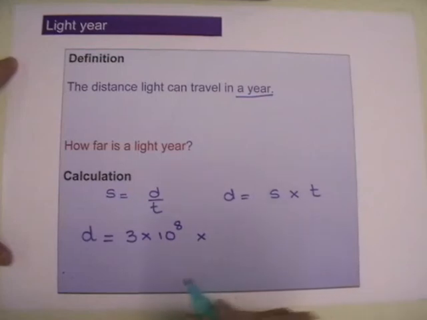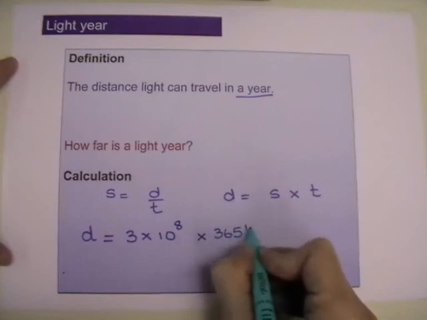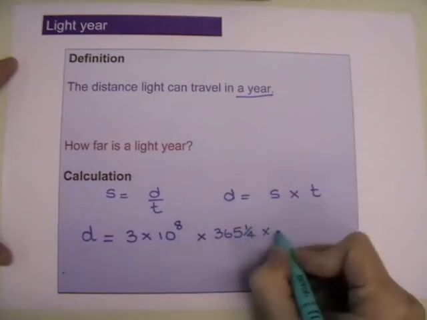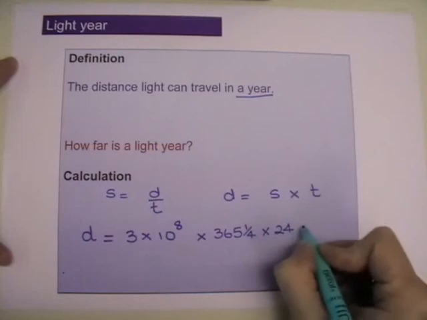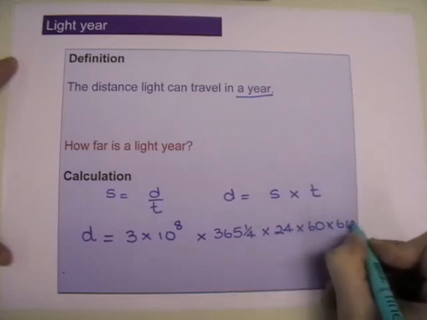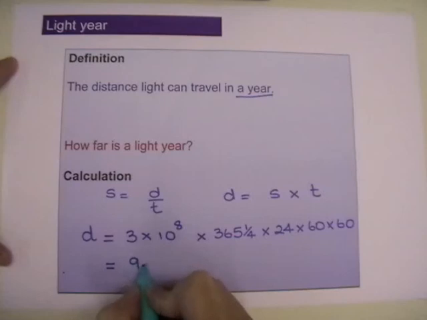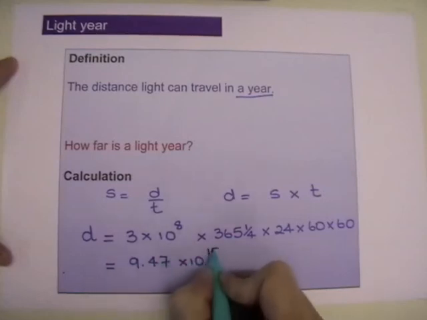And the time then we need to work out is how much time there is in a year. So it's 365 and a quarter days, 24 hours in a day, and it has to be in seconds, so there's 60 minutes in an hour and 60 seconds in a minute. And when you do that entire calculation, you end up with a number 9.47 by 10 to the 15 metres.